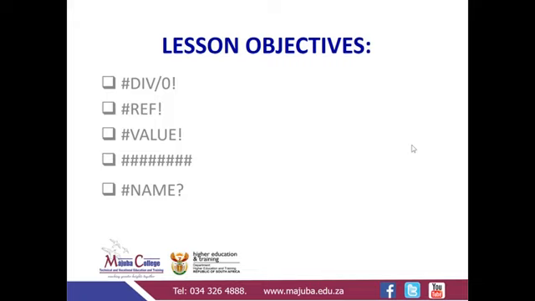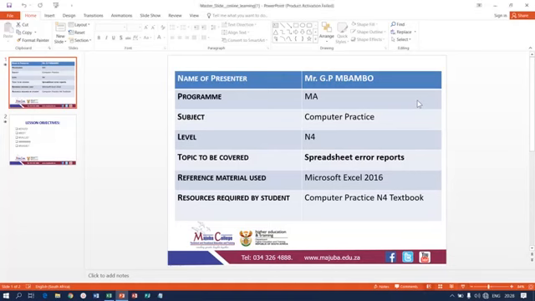So these are some of the spreadsheet error reports that we used to encounter. We are not going to focus on them, but we are going to encounter these reports as we proceed with our spreadsheet.